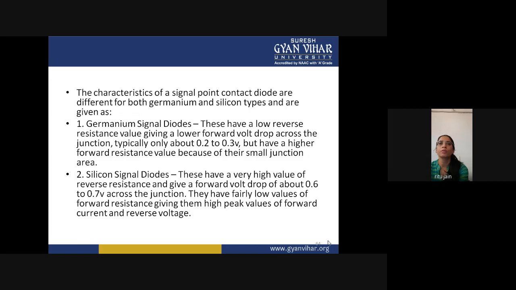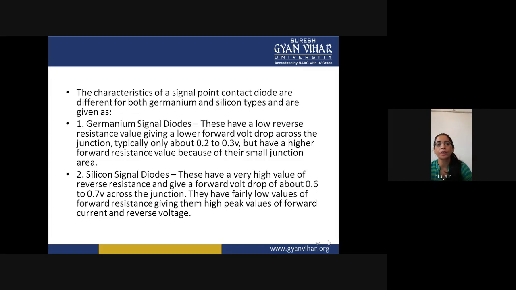When we take the structure of a diode, in between the P and N junction, when you are not applying any kind of voltage, there will be some potential barrier. If you want to conduct the diode, first you have to break that potential barrier, and after breaking that potential barrier, the diode will start to conduct. The voltage appearing across the barrier is your forward biasing voltage or forward voltage drop.